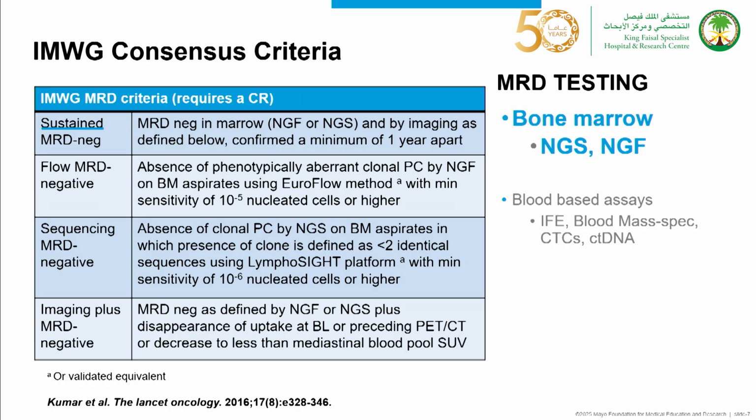The long and short, at this point, bone marrow still wins, so I don't have time to go into all of these different techniques. But those assays may buy us fewer bone marrows in order to track our patients. And then imaging is of course important, but I'm really going to be focusing on bone marrow.